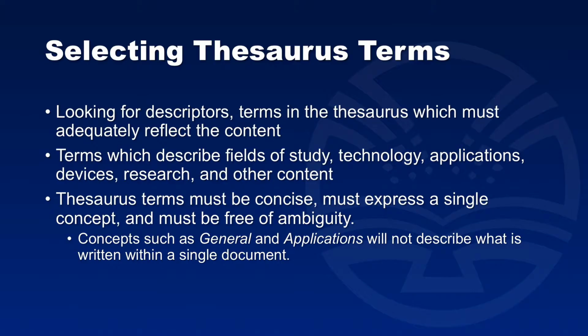From these lists, look for descriptors. We're going to look for terms that accurately describe the content. In this example, we're going to use this thesaurus to index the past 50 years of our content. So we want to find terms that accurately do that in 5 to 10 descriptors.